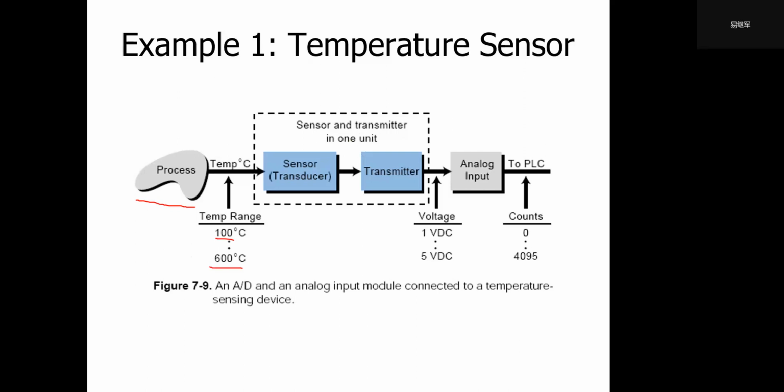After the sensor transduces the status to the analog module, the temperature becomes a voltage from 1 to 5 V. After the voltage is converted to a digital number, the digital value is from 0 to 4095.